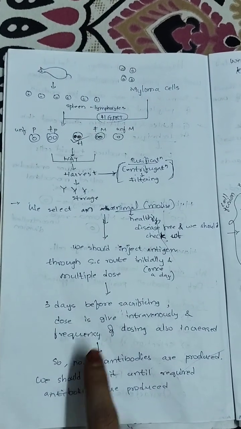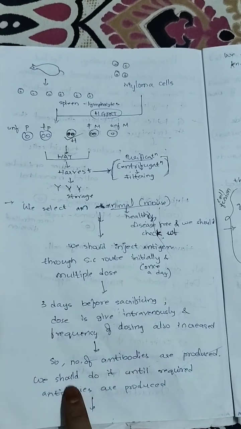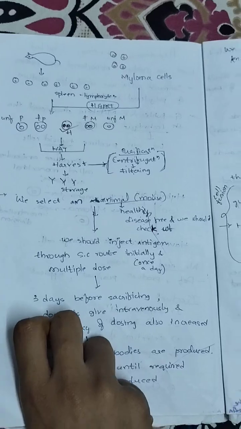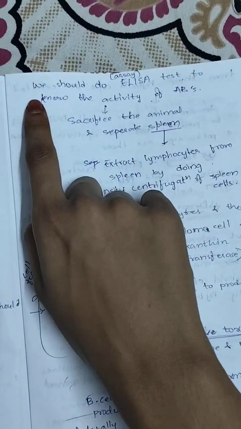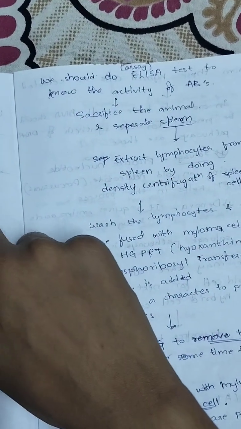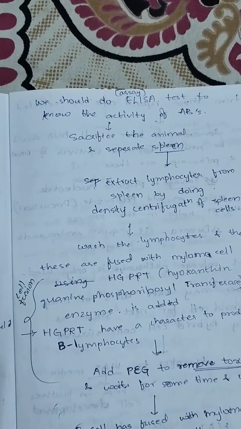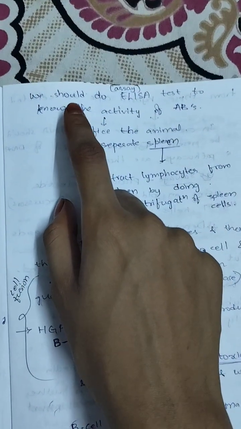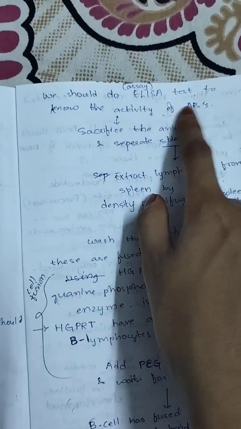We should inject the antigens until the required antibodies are produced in the rat. Then we should extract the antibodies from the rat before sacrificing it, and we should perform an ELISA test to know the activity of the antibodies.